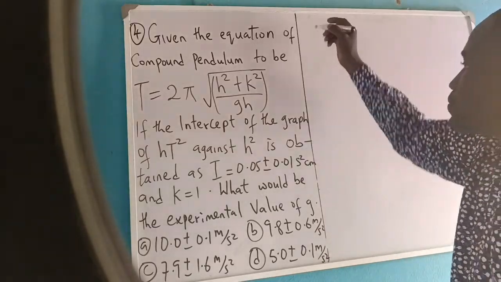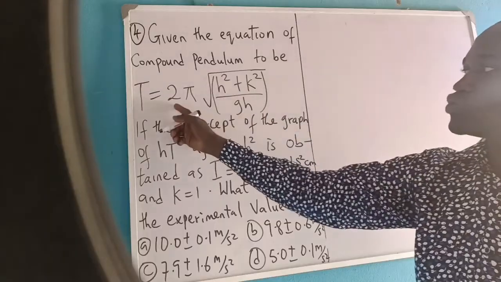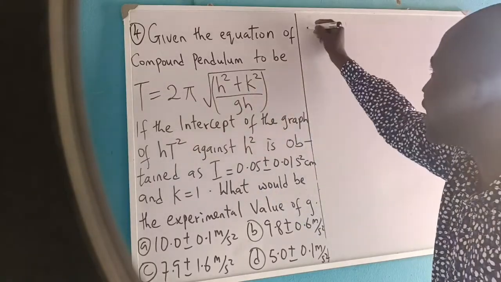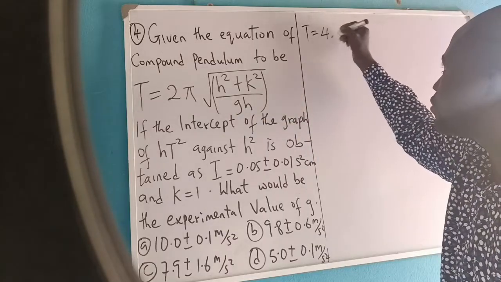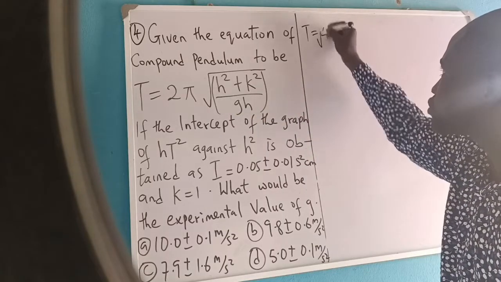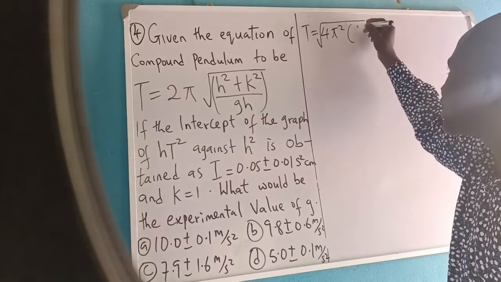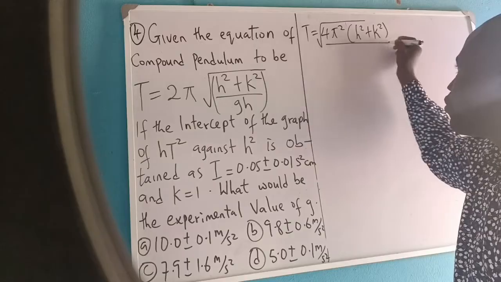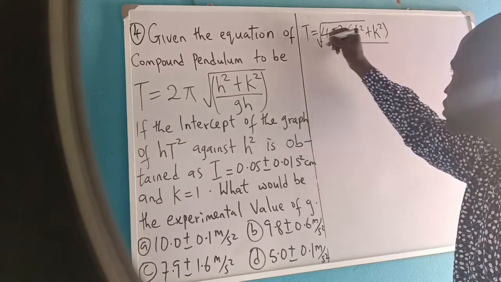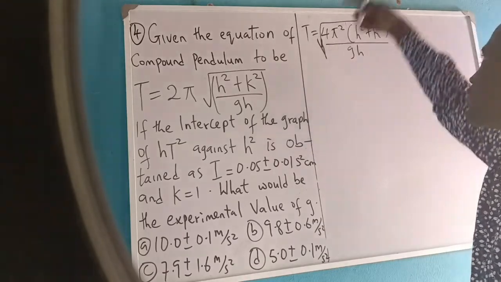And see what we do. This equation, I will carry 2 pi and bring it inside. I will be having T equals 2 times 2, 4, pi times pi, pi square, square root of bracket h squared plus k squared all over GH. This square root covers everything.